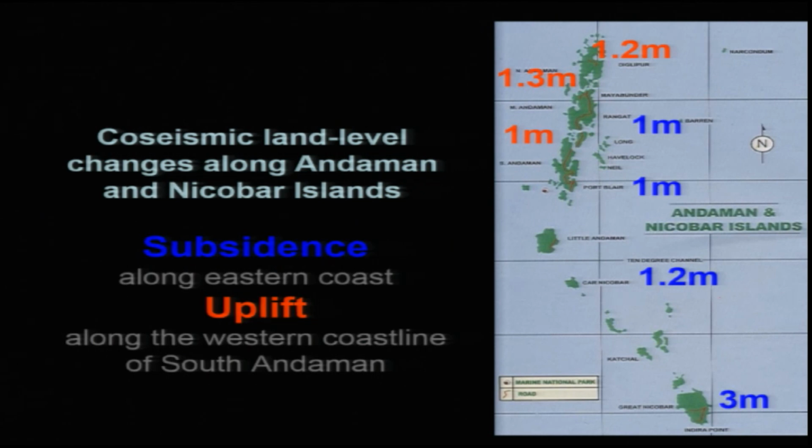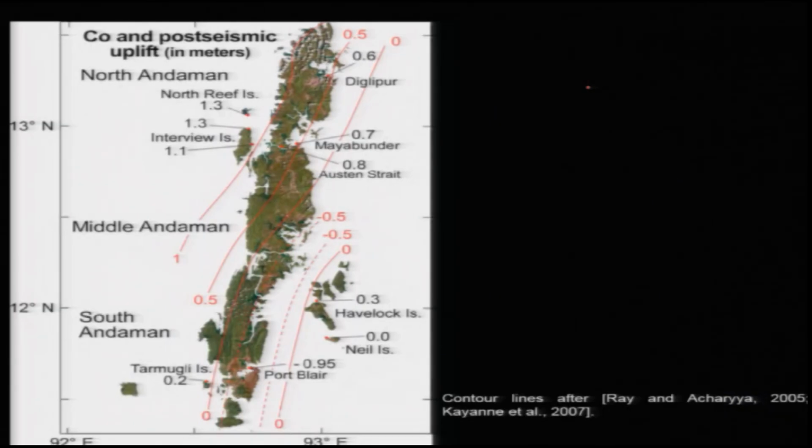The blue numbers show subsidence, and the red ones indicate uplift. Particularly the Andaman Island, one of the largest in the chain of Andaman Nicobar Islands, had a zero line, a pivot line, which did not experience any land level change; it was just an axis here. This side got uplifted and this side got subsided.